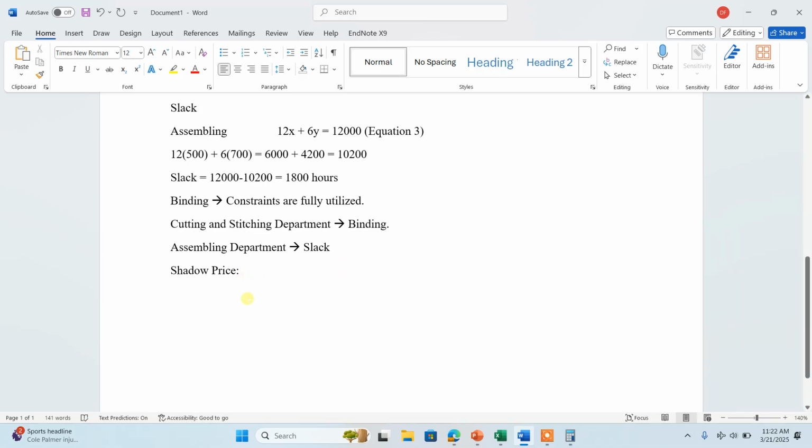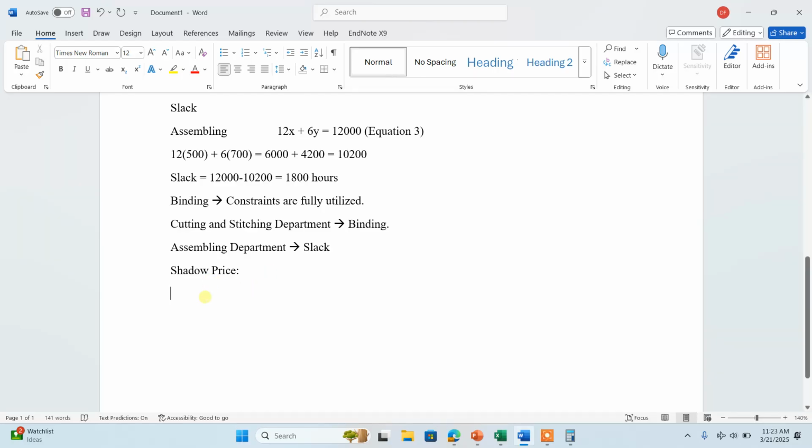The accountant can give you the information on how much benefit we get from utilizing more resources of the binding department, and how much additional cost we can bear. So we need to calculate the shadow price, which will help us.